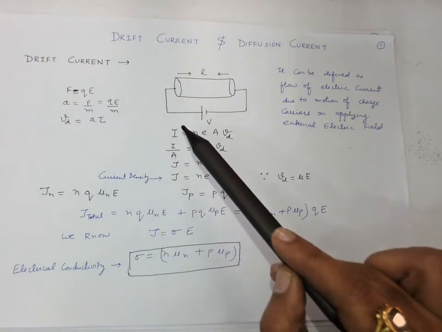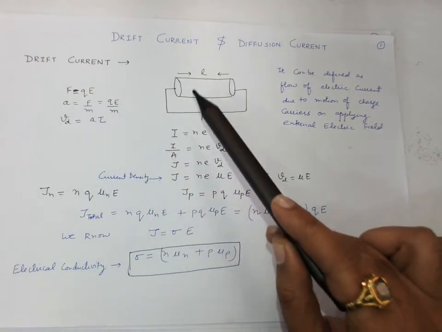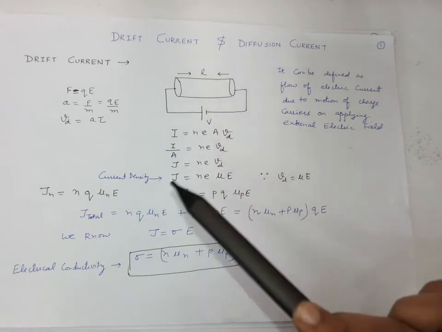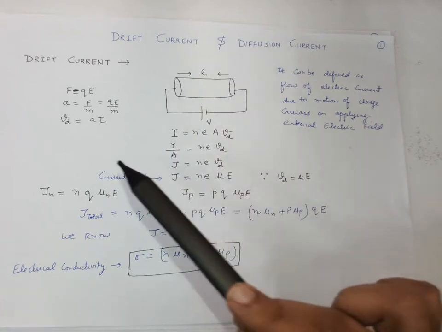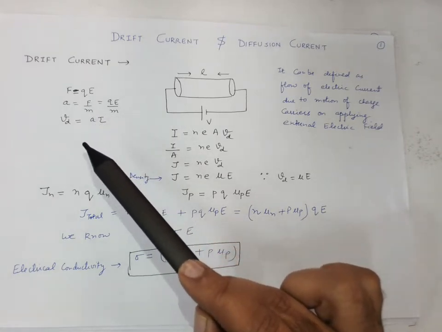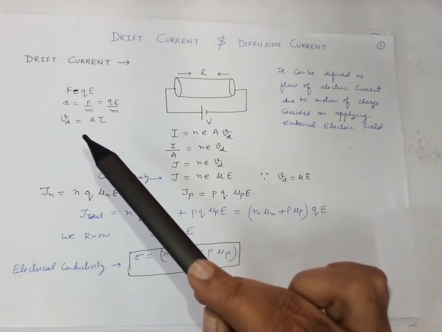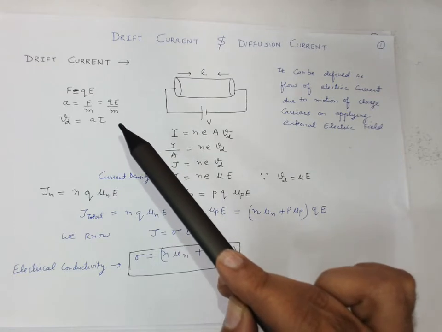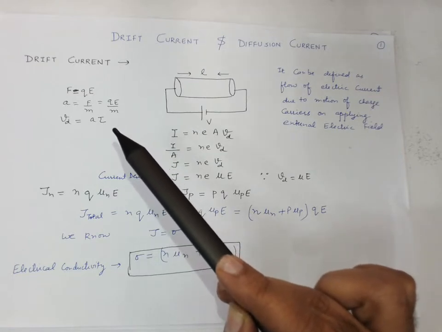Because of that force, initially collisions will take place among the charged particles. They will be accelerated, and the acceleration is given by force upon mass, where force is F = qE and mass is m.